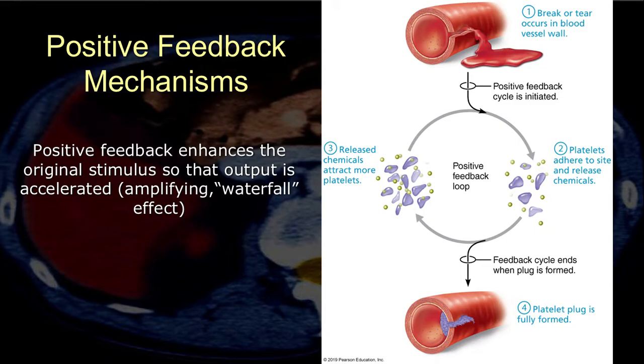We are increasing the effect. What's another example that you can think of? Yeah, childbirth. In labor, your body starts to send signals that say, this baby needs to come out, and so you have a contraction. That contraction pushes the baby's head down towards the cervix.